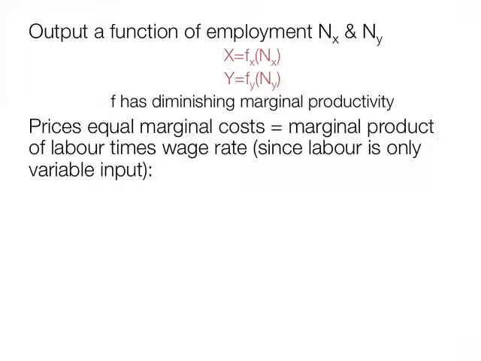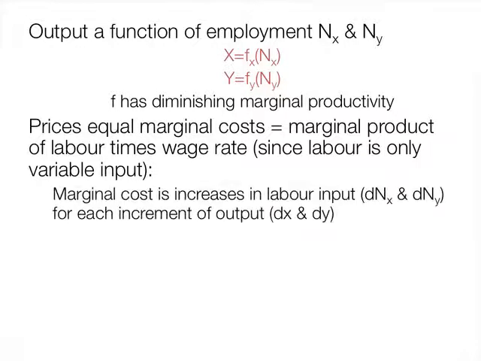You've seen this before. P is equal to MC. Marginal cost increases in the labor input for each increment of output. And that gives you this. So the prices, in some sense, are the wage times the change in the number of workers. If you increase the number of workers, the price is going to go up. And that holds for the Y good as well.